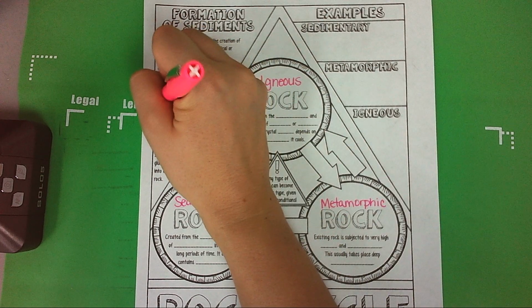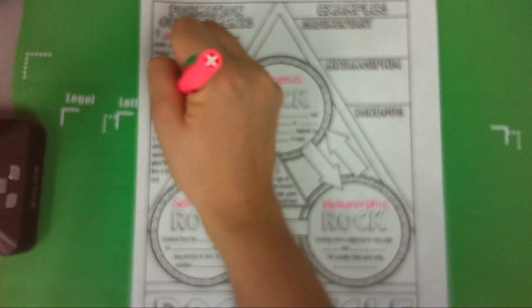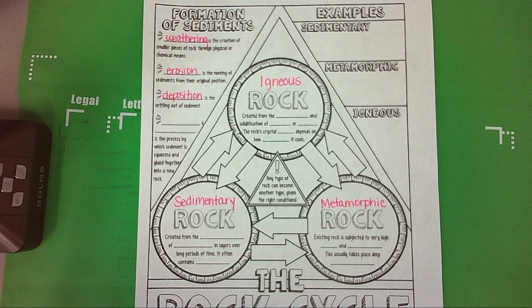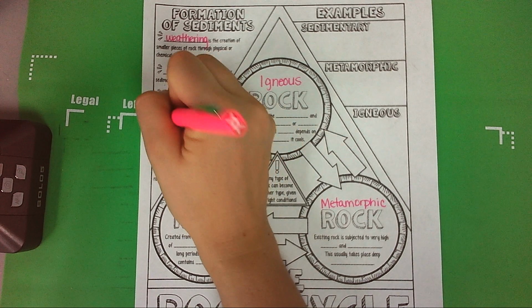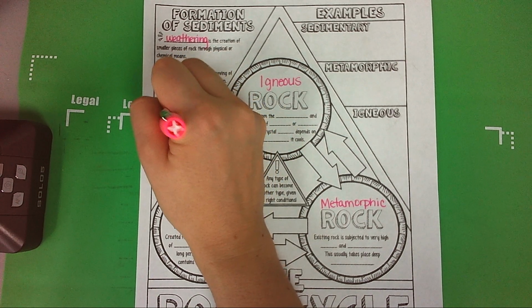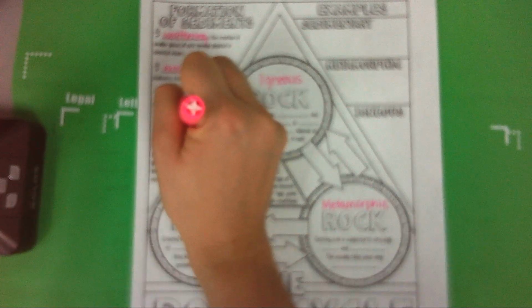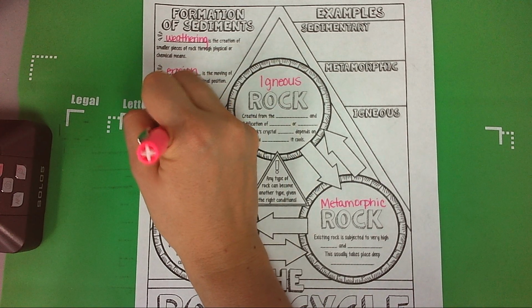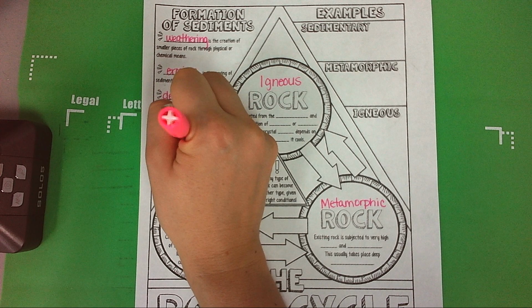So the next one is deposition. It's the settling out of sediment. All right, so the next 2 processes that we're going to talk about are compaction and cementation, to cement something together.